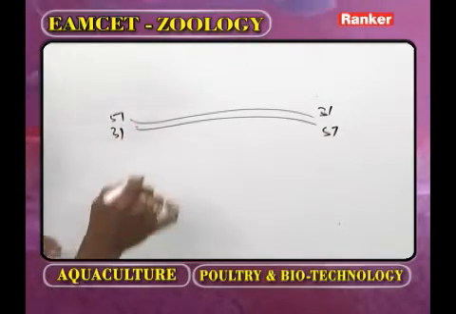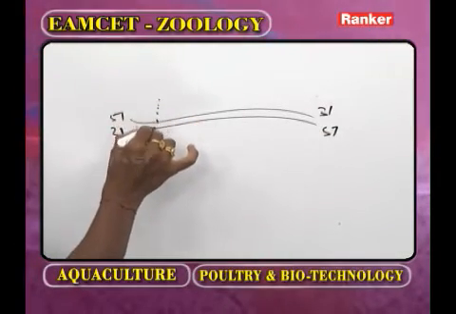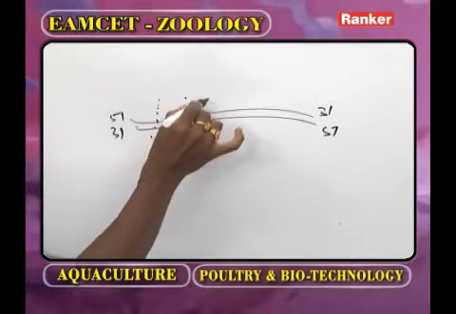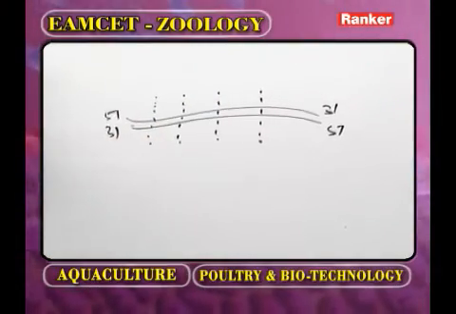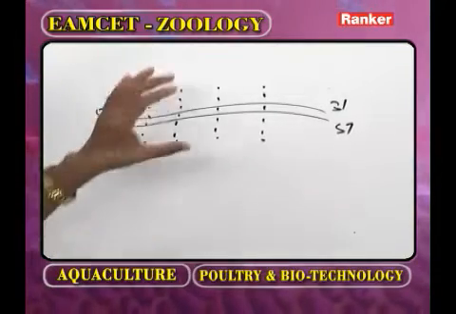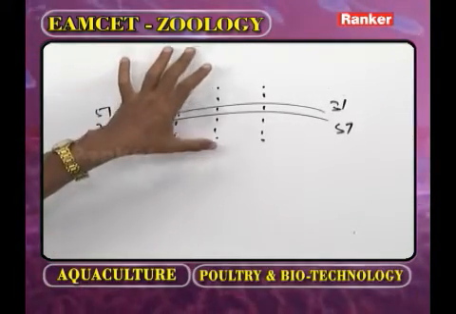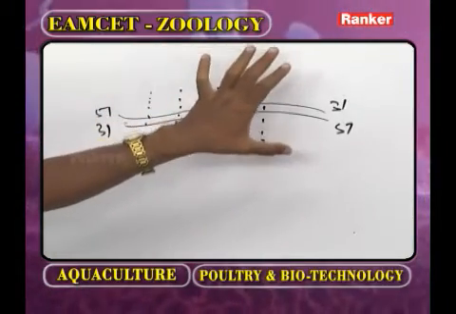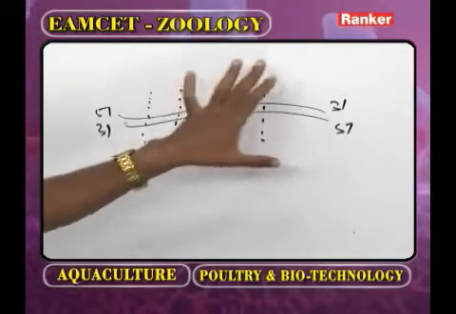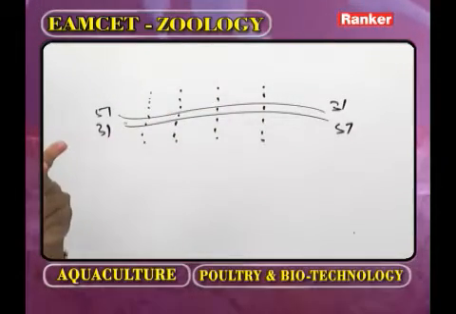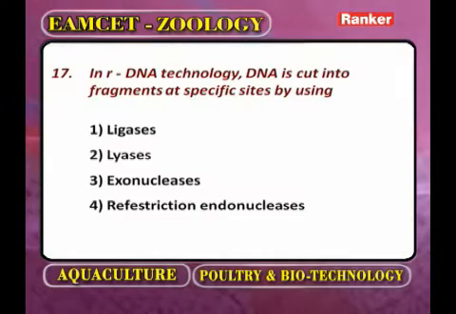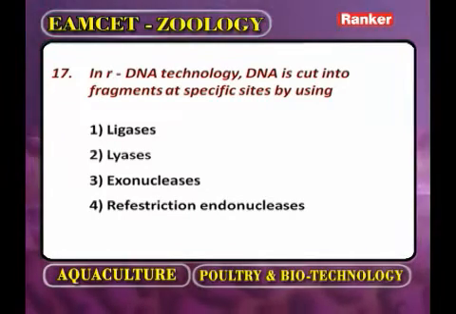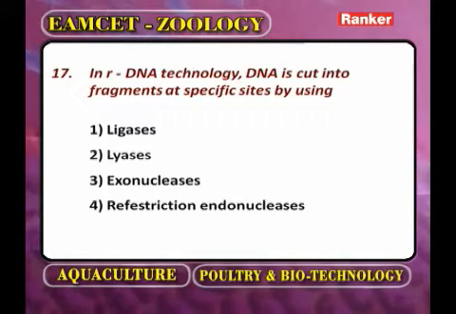This DNA strand can be cut at specific sites, that means in a palindrome sequence. By using what type of scissors? Here, one is ligases, second is lyases, third is exonucleases. What about the restriction endonucleases?